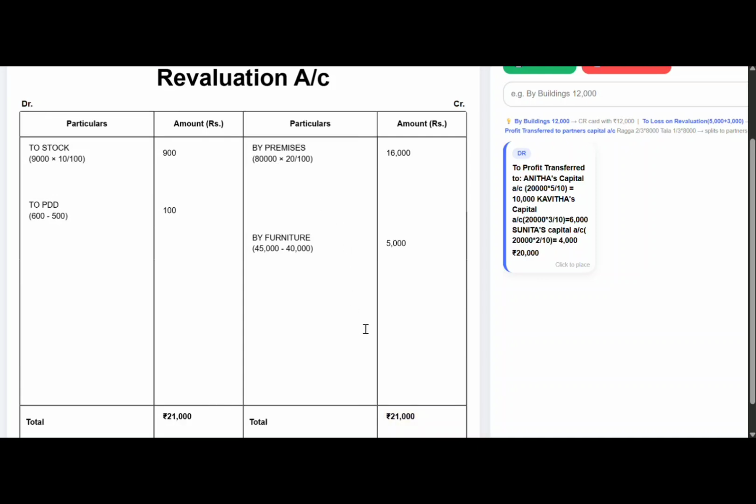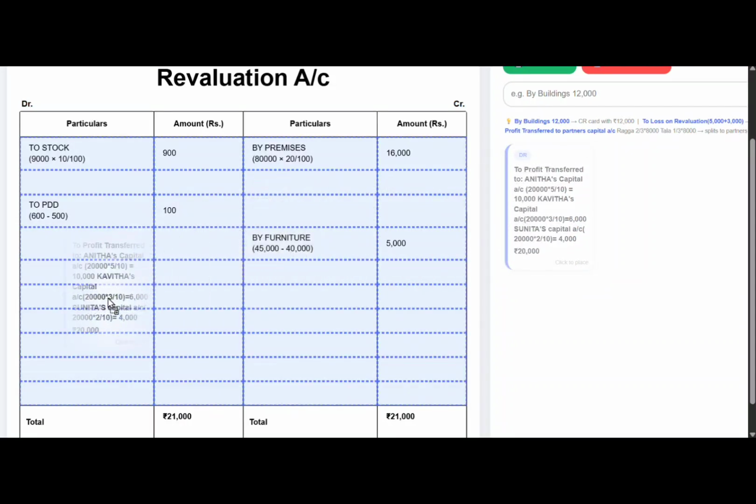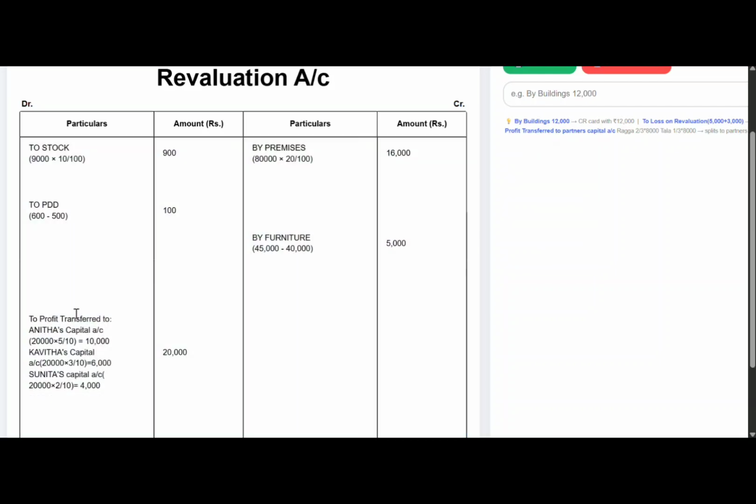So the balancing figure will be the profit on the revaluation account. That is 21,000 minus 1,000 will be 20,000 profit on revaluation, which will be written on the debit side as to profit transferred to Anita's capital account, that is 20,000.